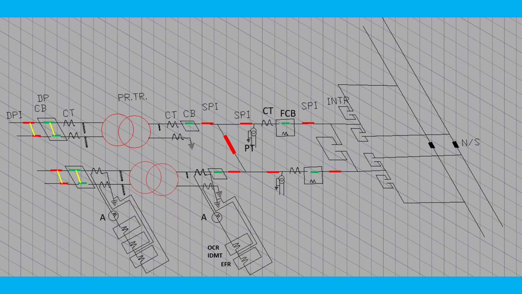But generally the IDMT relay is avoided on the transformer side. The provision is there in the relay because the numerical relay, both in primary and secondary, is of the same type, but the IDMT is not used generally.